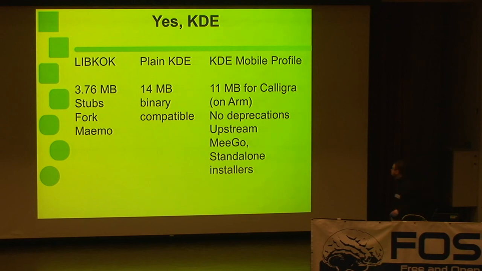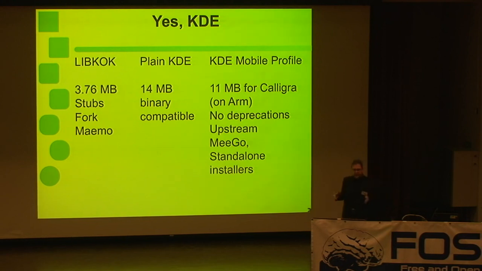However, there's another option. That's the KDE Mobile Profile. It was created by KDE and KO people. KDE is a German company focusing on KDE technology. And KO is also a German company focusing on KDE technology.